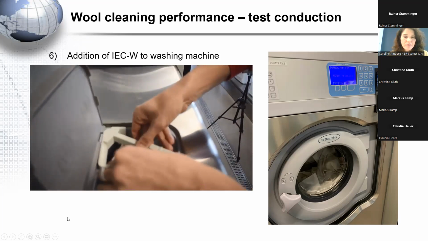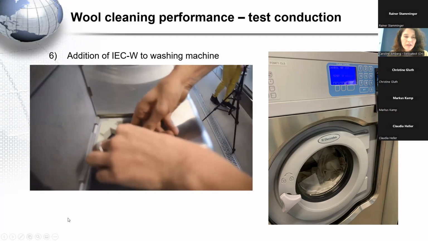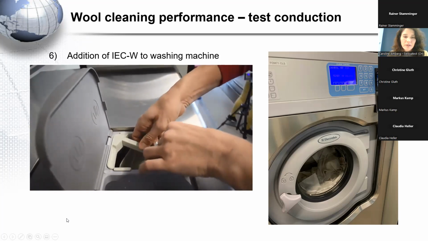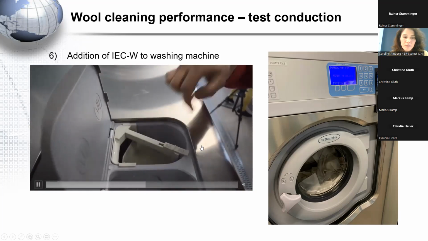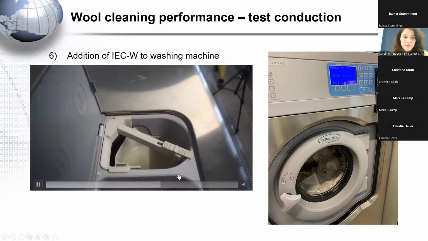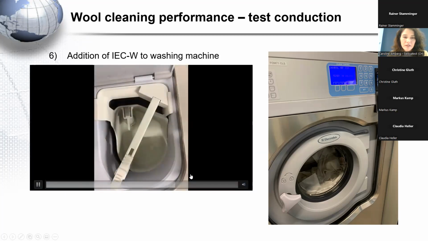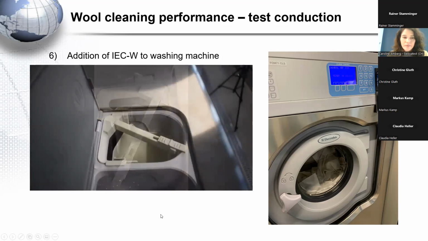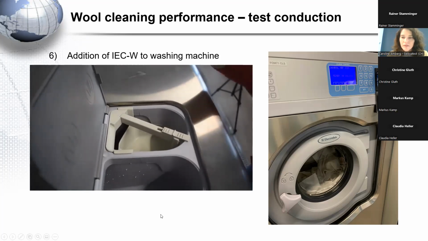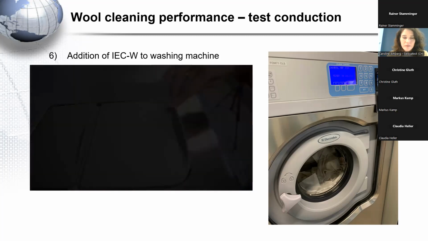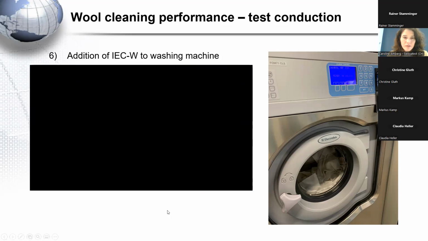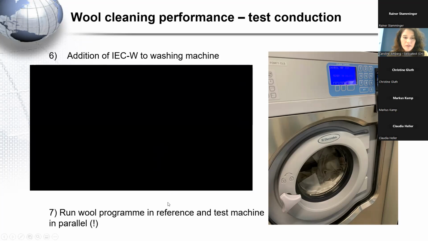Then you put it in this main detergent compartment and you fix it with this part. And that's it. Good. And then you run, of course, the wool program in the reference and the test machine in parallel.